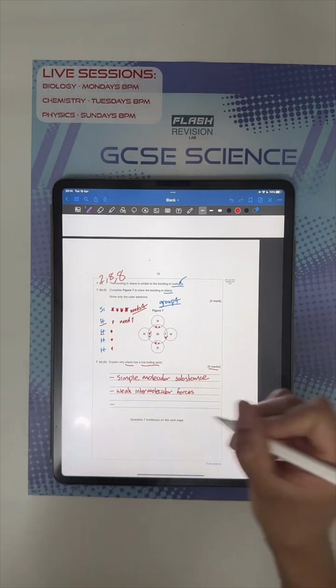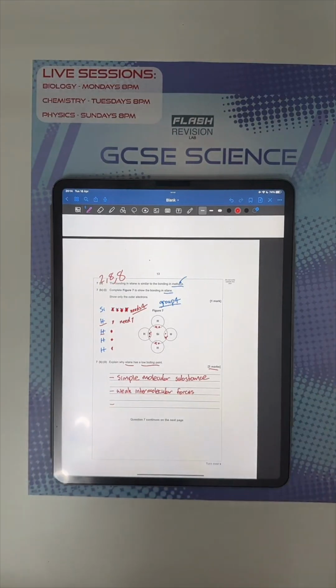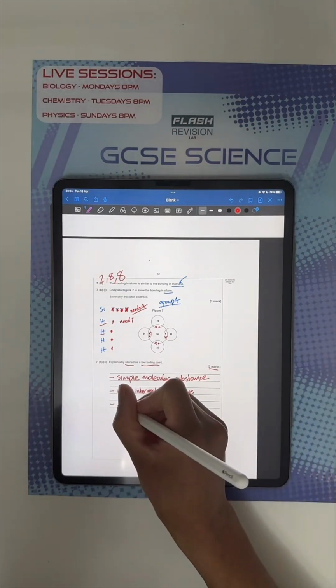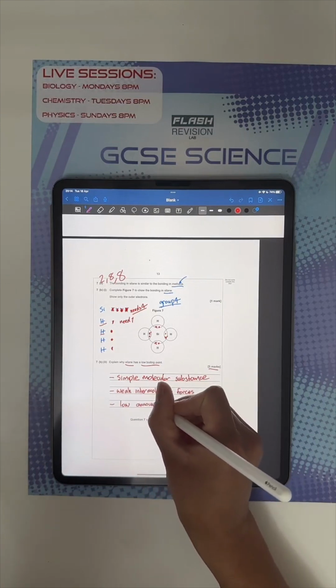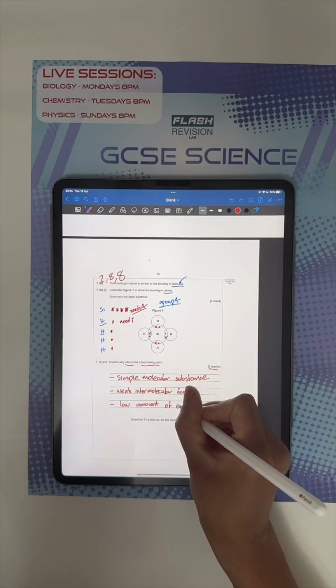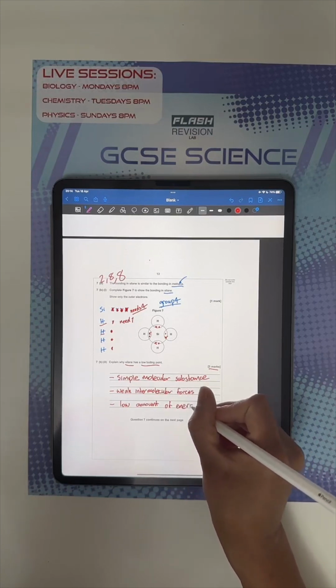And the final mark is to mention a low amount of energy is needed to break the forces.